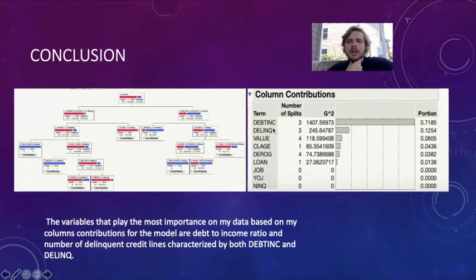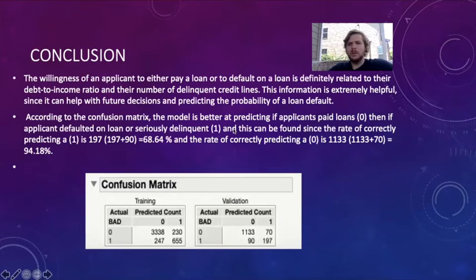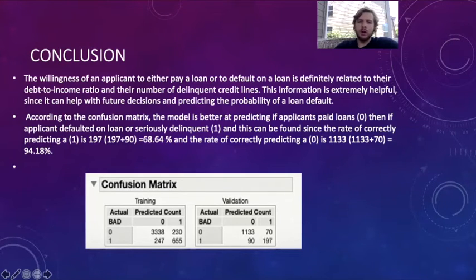So what does that mean? It simply means that the willingness of an applicant to either pay or default a loan is related to their debt to income ratio and their number of delinquent credit lines.